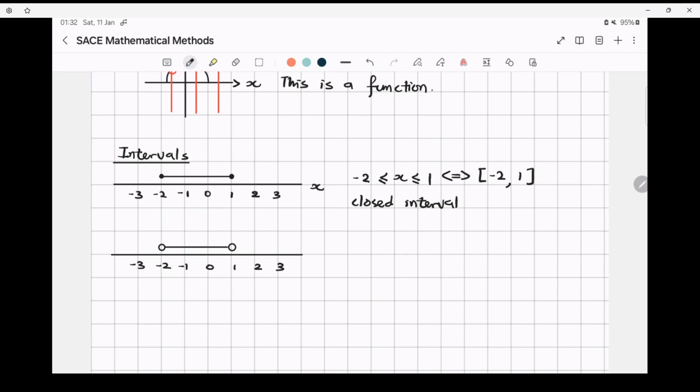So this particular interval will be -2, and it does not include your endpoints. So you can write something like this. And this particular open interval is written with your normal bracket. So this is what we call the open interval.